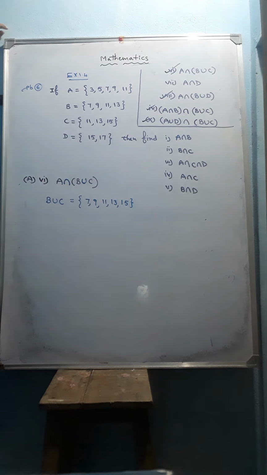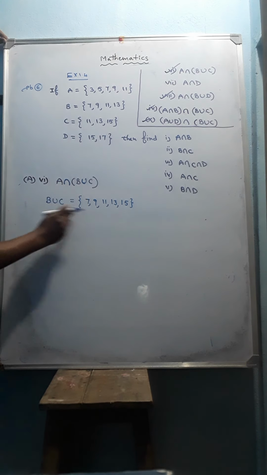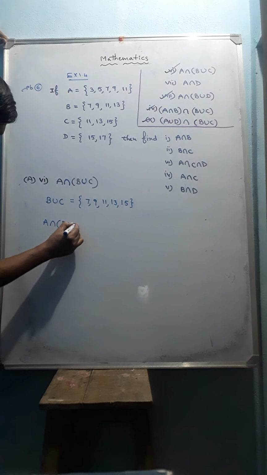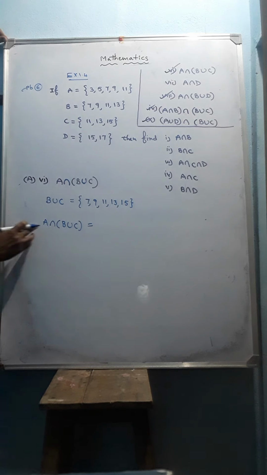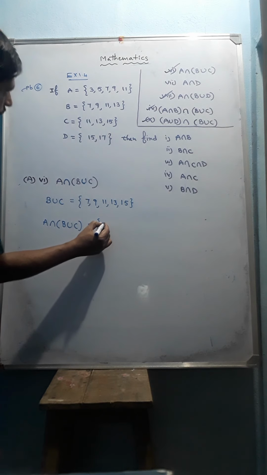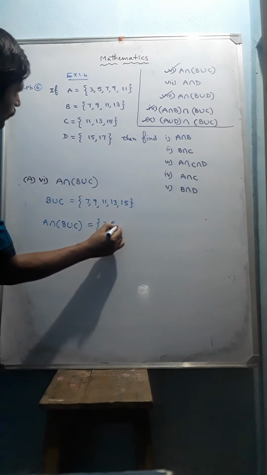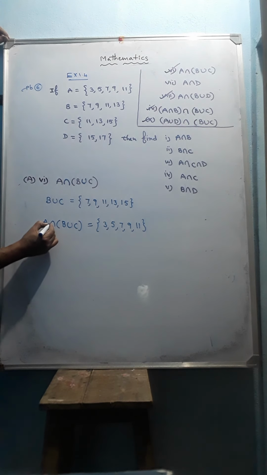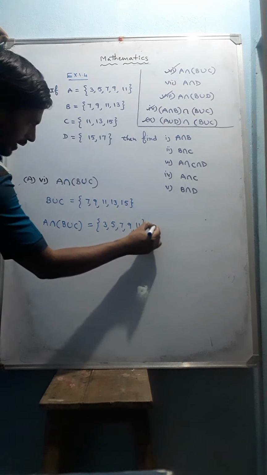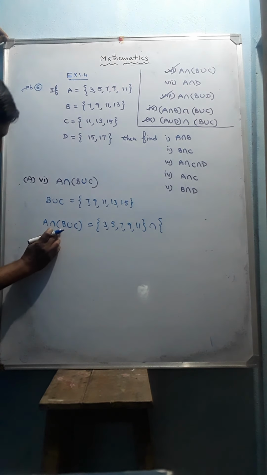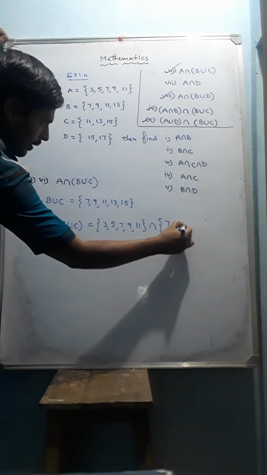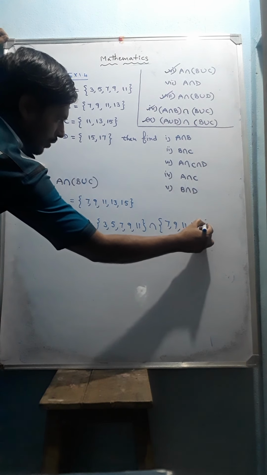Now you know the A set elements and the B union C set elements. A intersection (B union C): the A set elements are 3, 5, 7, 9, 11, and the B union C set is 7, 9, 11, 13, 15.